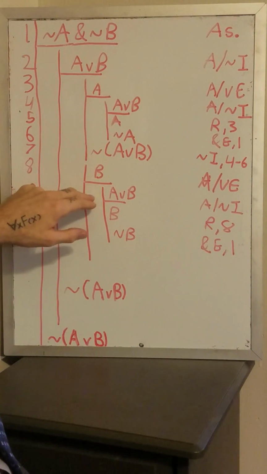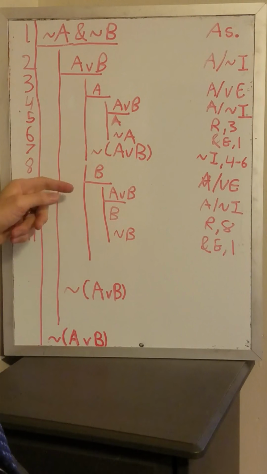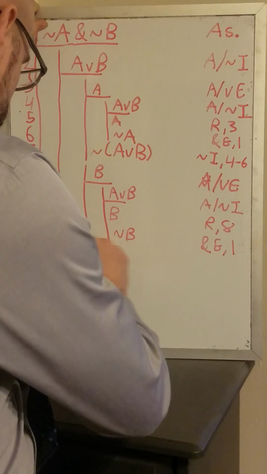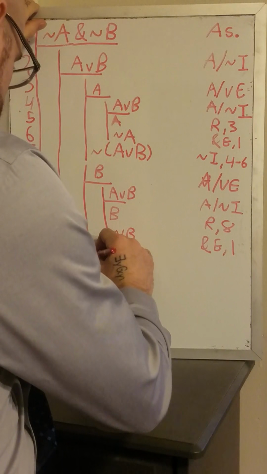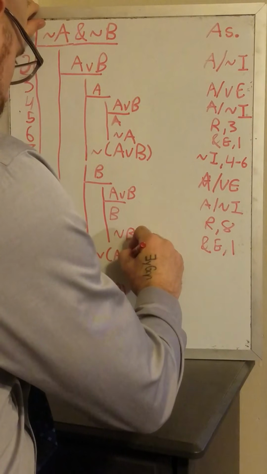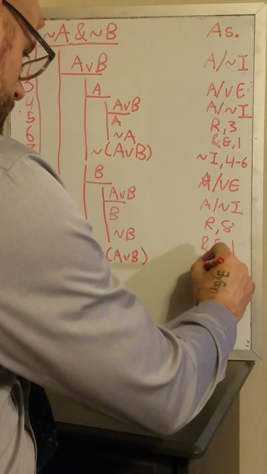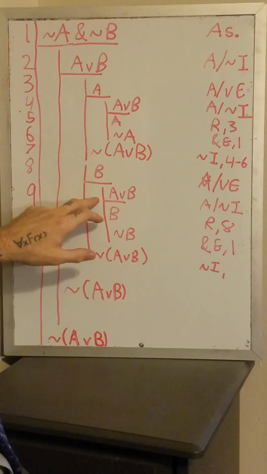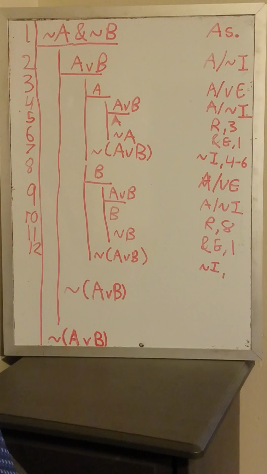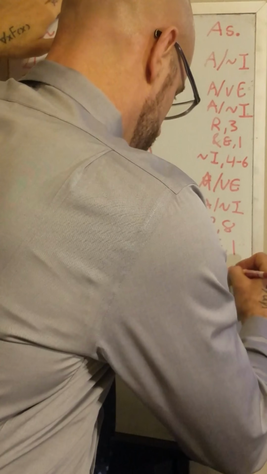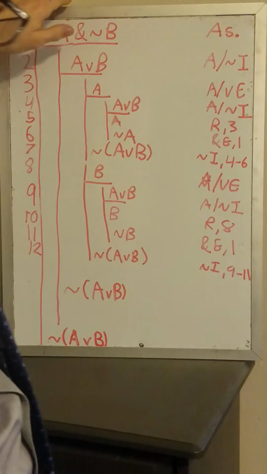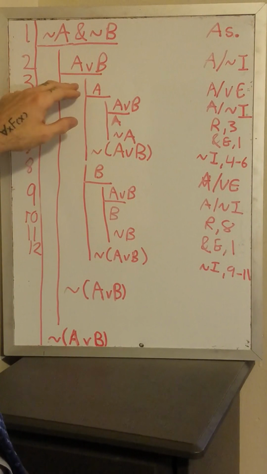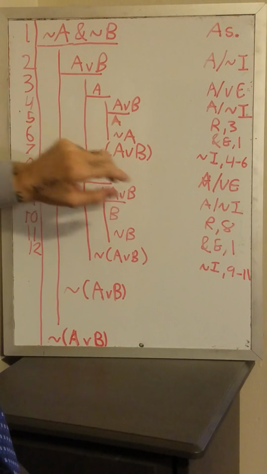And now we can introduce a negation. We know not A or B in this subderivation, based on the subderivation on lines 9 through 11. Okay, so we showed that if A is the case, then not A or B follows.